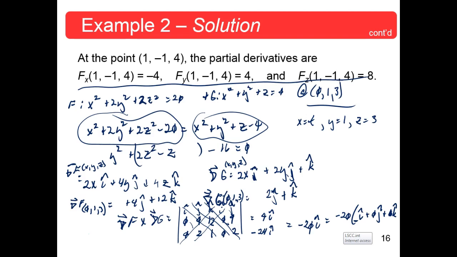And then you add to it your point in question, which is 0, 1, and 3. So it's going to be 1t plus 0 for x, 0t plus 1 for y, and then 0t plus 3 for your z. Parametric equation. Okay.